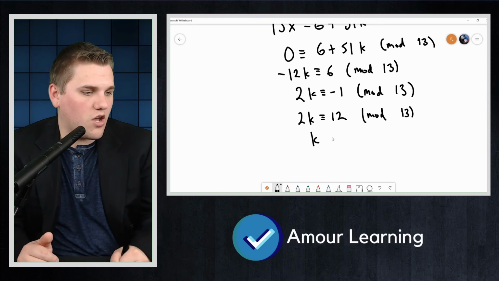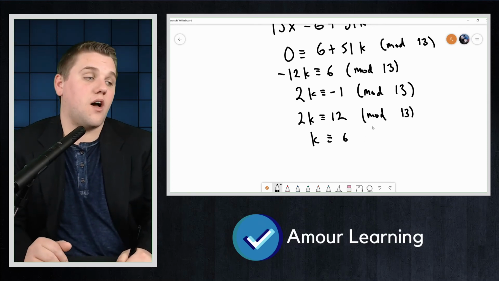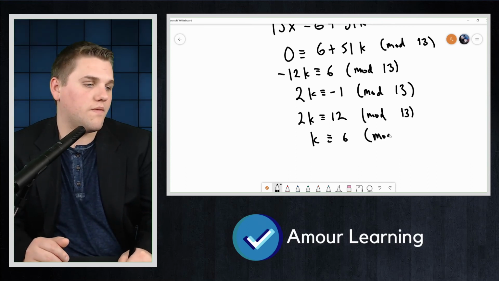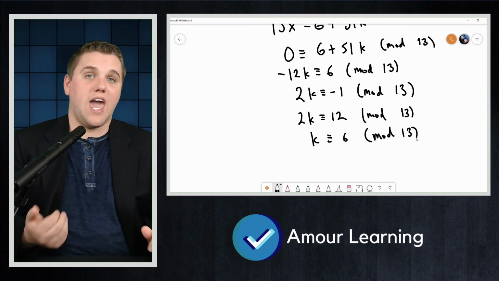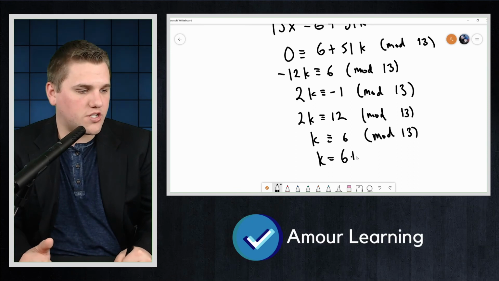Because 2 and 13 are relatively prime, we can divide both sides by 2, which means that k equals 6 plus 13i.